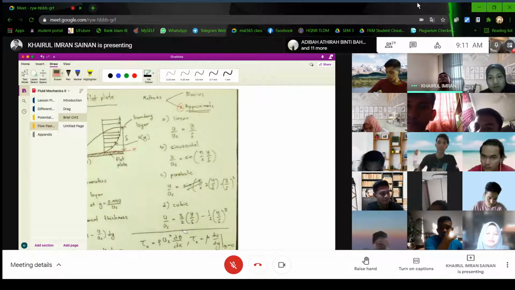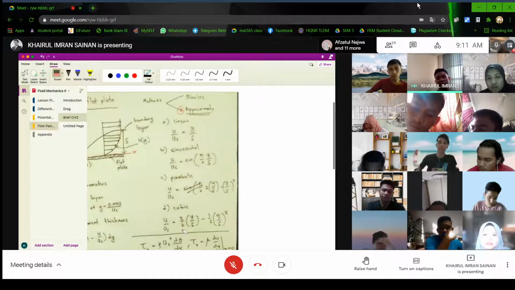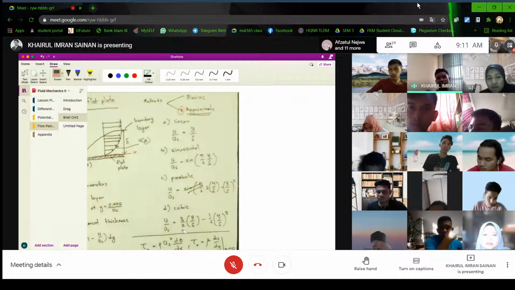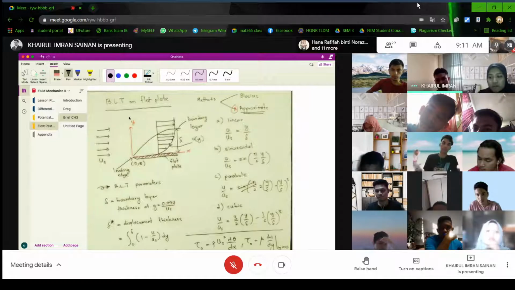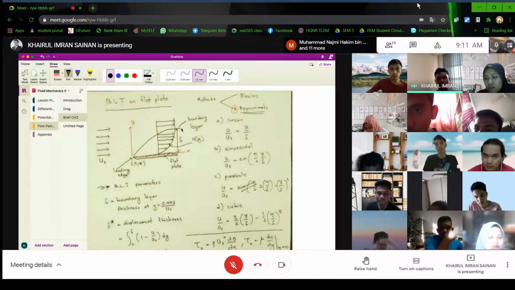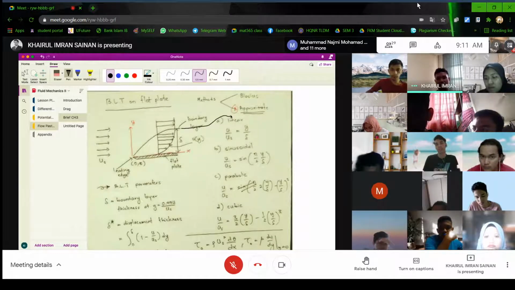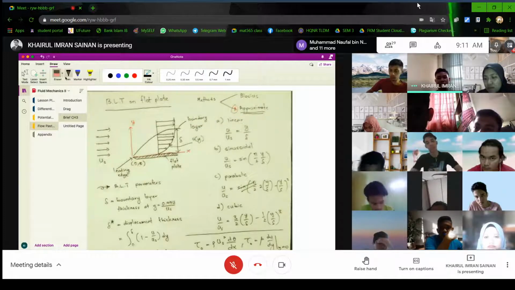But before that, I almost skipped laminar and turbulent flow. Okay, first is laminar and turbulent. If you want to increase further your boundary layer, it's not going to be like that.